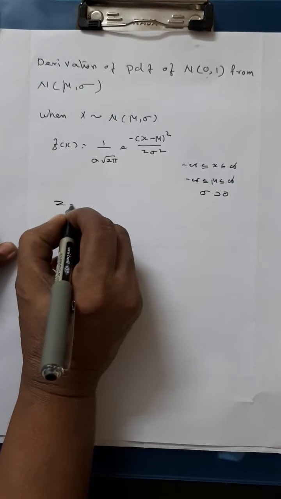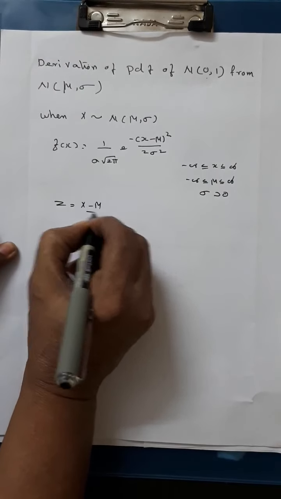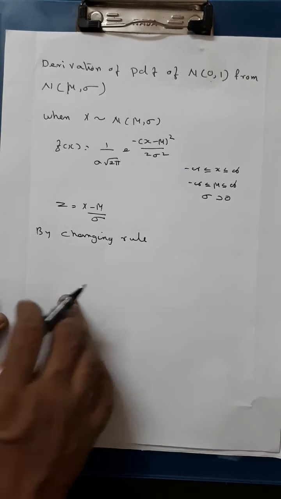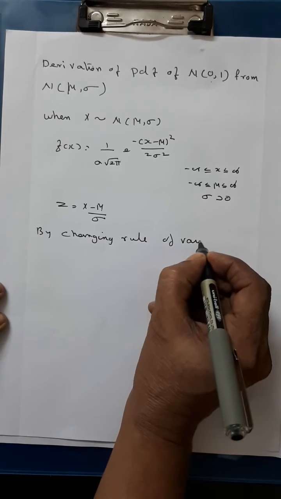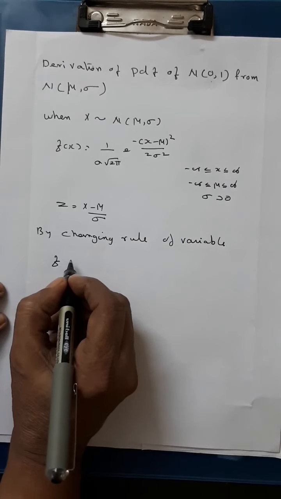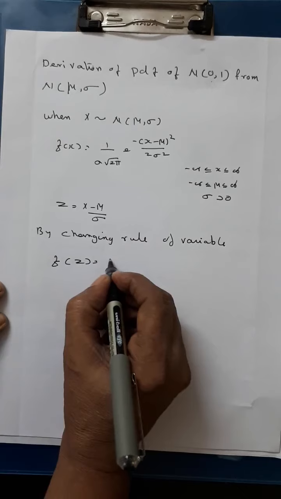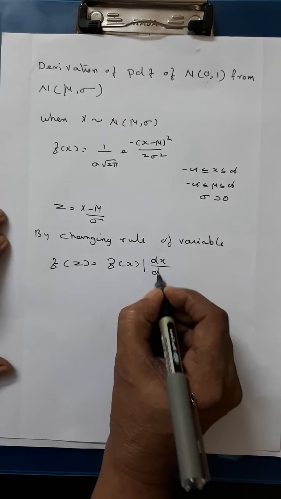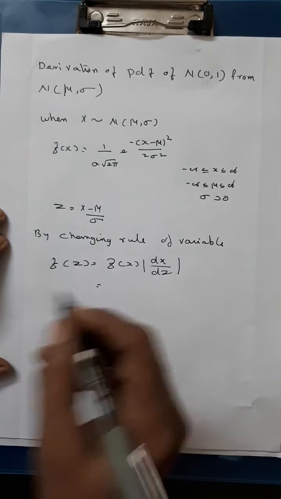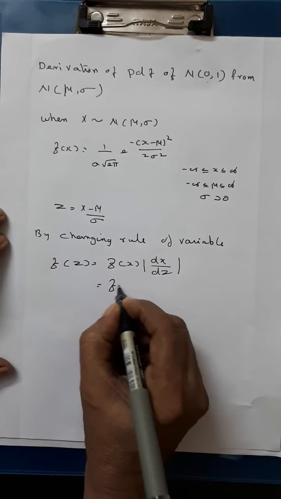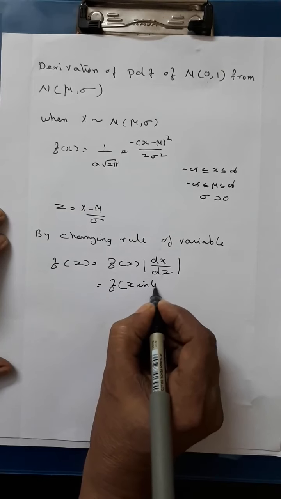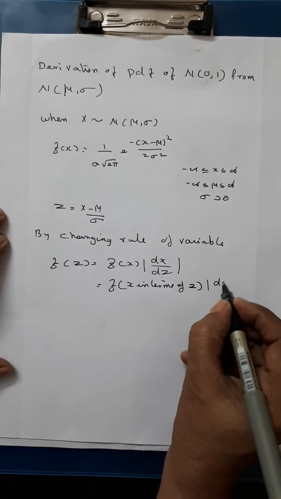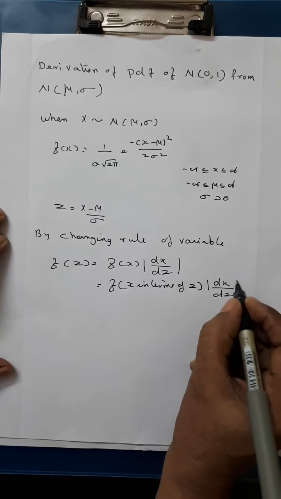Let us put z equal to x minus mu by sigma, by changing the variable. We can write f(z) equal to f(x) into mod dx by dz, or more elaborately, f(x in terms of z) into mod dx by dz.